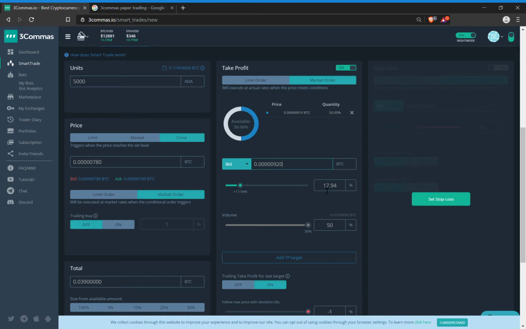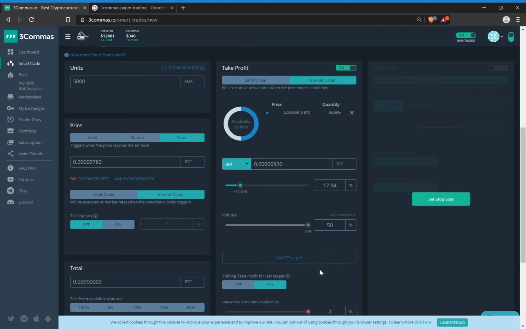And look at that. It automatically is calculating a 17.94% gain. So right here, again, we're going to specify how much of that remaining 2,500 units that we want to sell. We're going to go ahead and set up a sell for the other 50%.